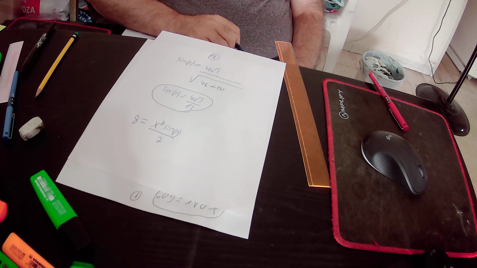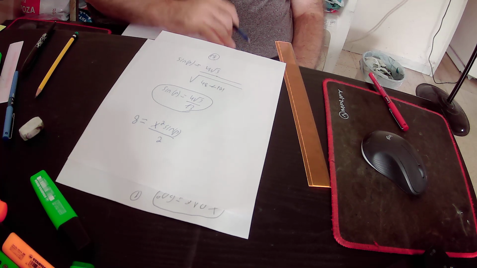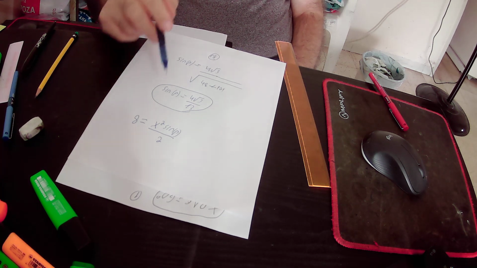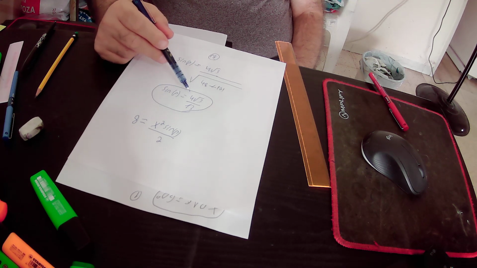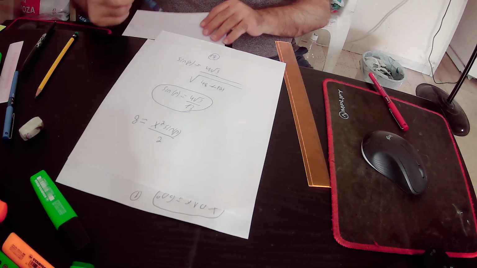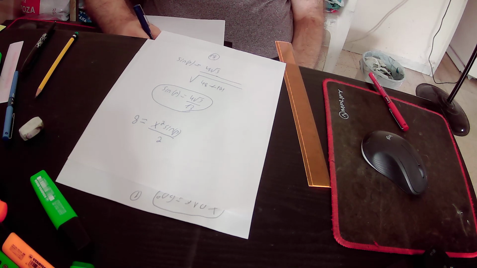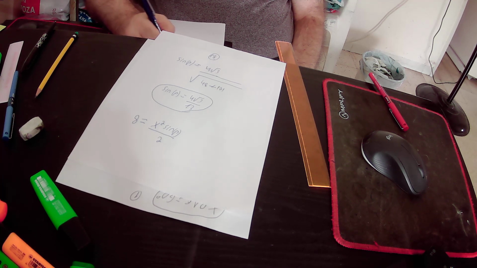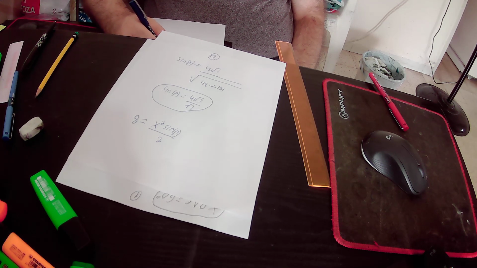So we know that sine P equals 4 times root 3 over 13, so we can substitute sine P in this equality by 4 times root 3 over 13, and we will get that 8 equals x squared over 2, and sine P equals 4 times root 3 over 13.